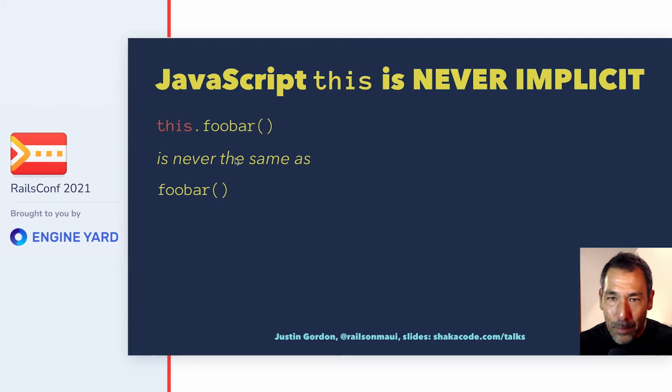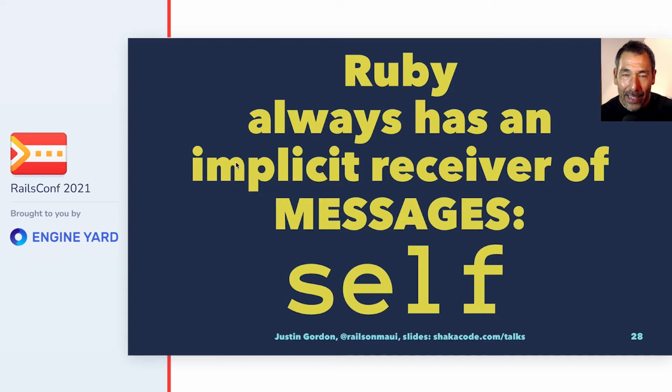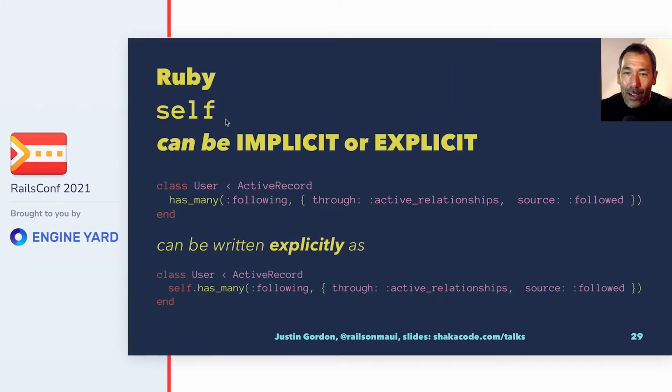Now this is very different than Ruby because Ruby's got always this implicit receiver of a message itself. And that is a really key part to be able to look at some Ruby code and understanding what's going on, because you have to understand what the implicit self is. So the self, you can make this implicit or explicit.